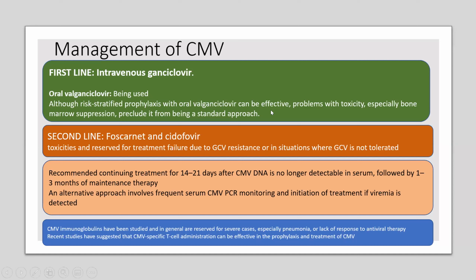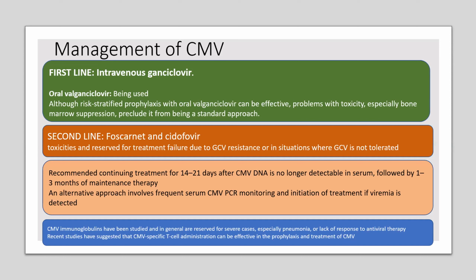So the use of valganciclovir will be dependent on the person treating the patient. Second line agents, which are not available in the states, are foscarnet and cidofovir. However, these are reserved for treatment failure to ganciclovir, and especially cidofovir and foscarnet can have toxicities as well.